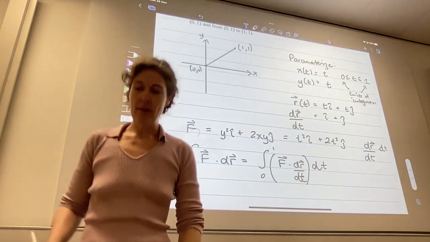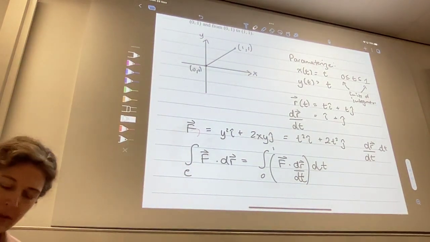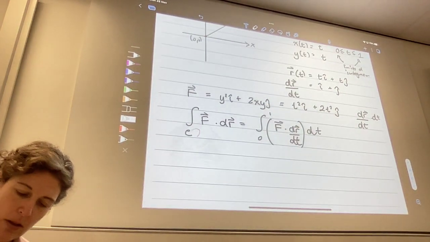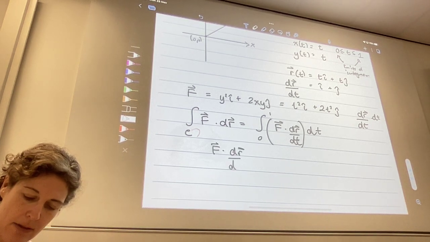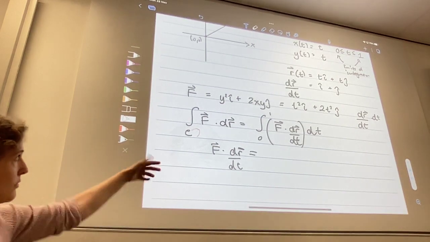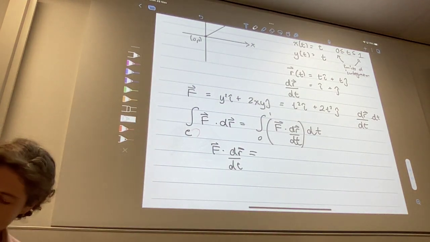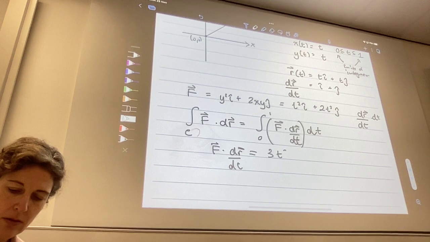Yay, okay. So if you do that dot product, so we have f dot dr by dt, you can just multiply it out for yourself, but you'll get that it's 3t squared.